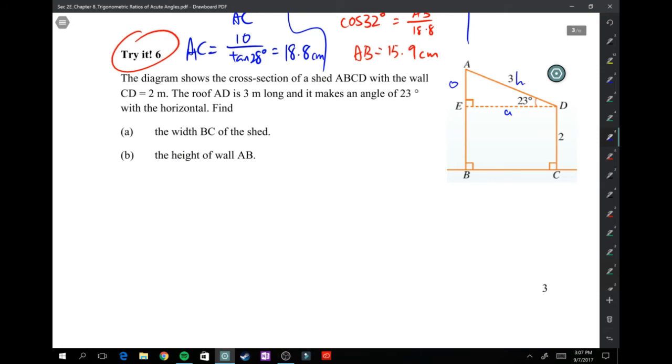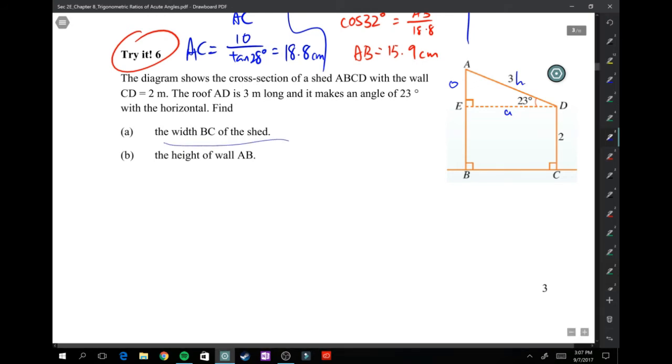So what do you want to find? You want to find the width BC of the shaft. Now you should realize that this point to this point is the same as this point to this point. So basically BC is the adjacent. So we have the hypotenuse and we want to find the adjacent. We have the angle. What thing uses A and H?